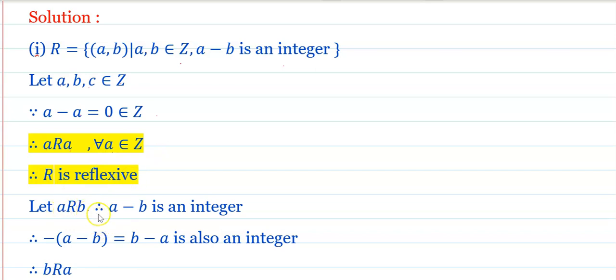A R B, then A minus B is an integer. If I give a minus sign here, minus of (A minus B) is nothing but B minus A. B minus A is also an integer.